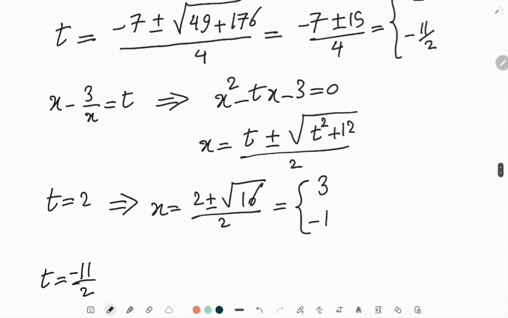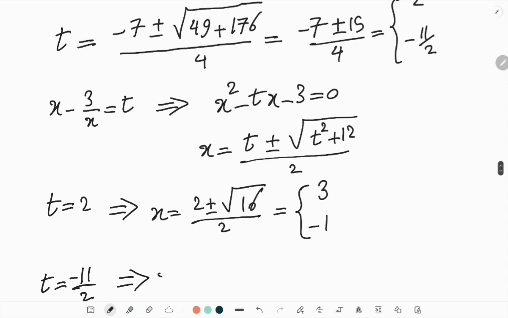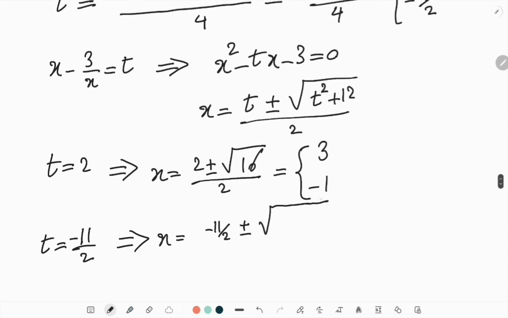Let's take the other one, t, to be minus 11 over 2, and then x will be minus 11 over 2 plus minus the square root of, well, 11 over 2 to the power of 2, that is 121 over 4, plus 12, divided by 2. What is that then? That is 48, so let's say 121 plus 48, that is 169. And we know that this is 13 to the power of 2.